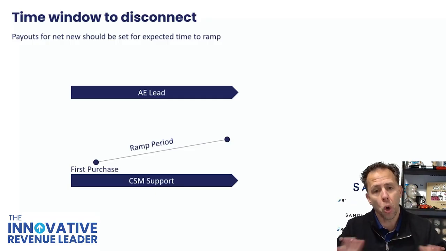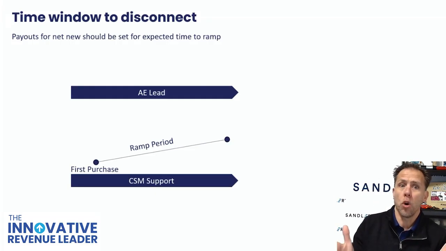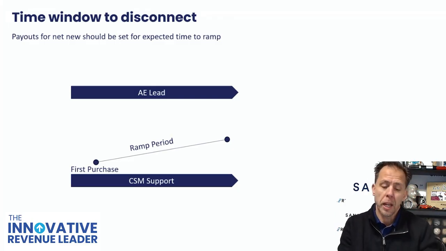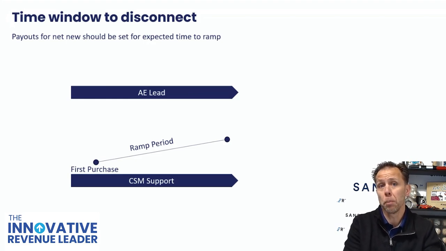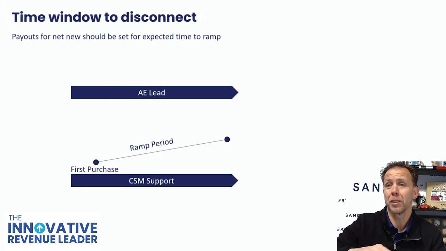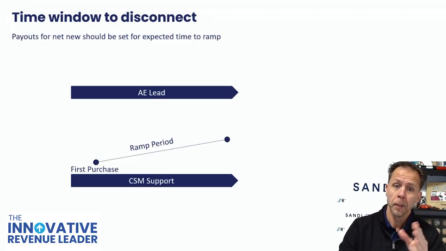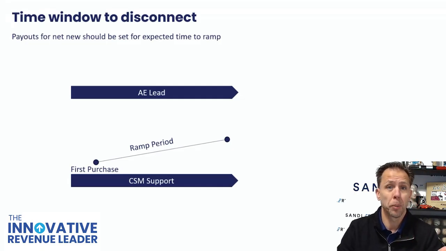And in almost all businesses, actually in all businesses, there is a ramp period that happens. It could be a month, it could be 6 months, it could be a year. And that time period is where you get that person from purchasing, or that company from purchasing, to where they typically grow to. And they're different for every organization. It's something you should analyze to understand what the typical ramp period is.